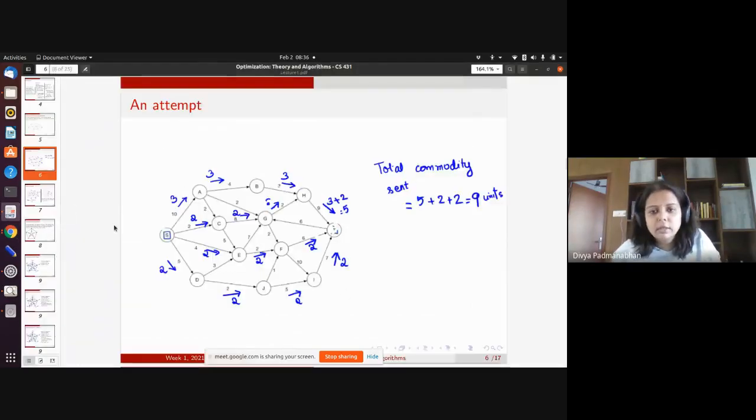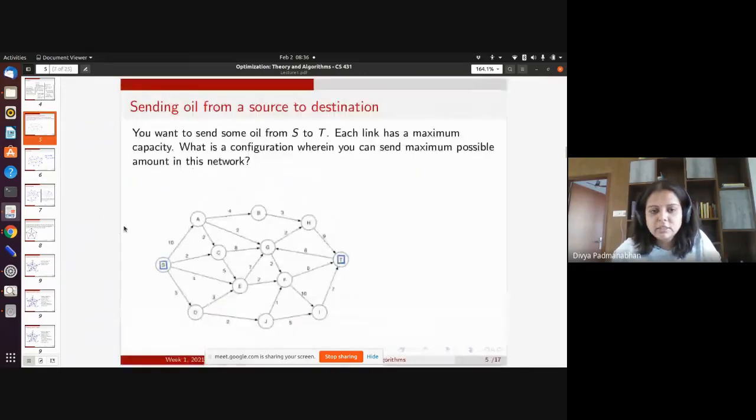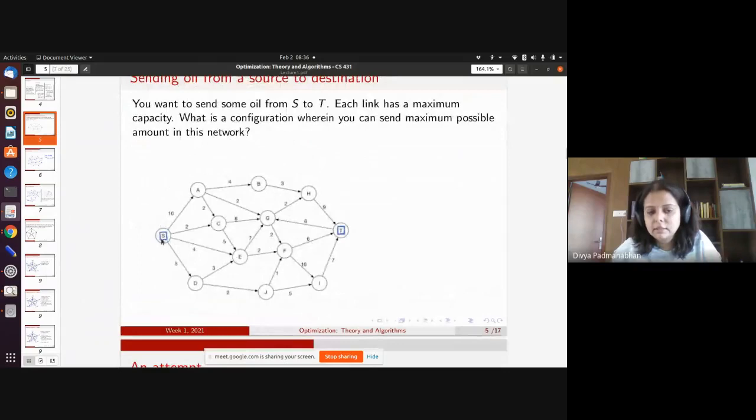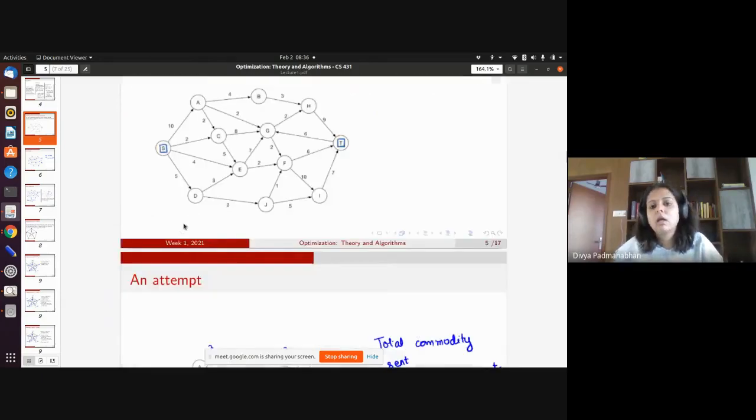So what I was trying to say here is, this was a problem that you looked at. You want to send some flow from S to T, and you wanted to send the maximum flow so that at each node there is no imbalance. Whatever comes in is the same as what goes out.